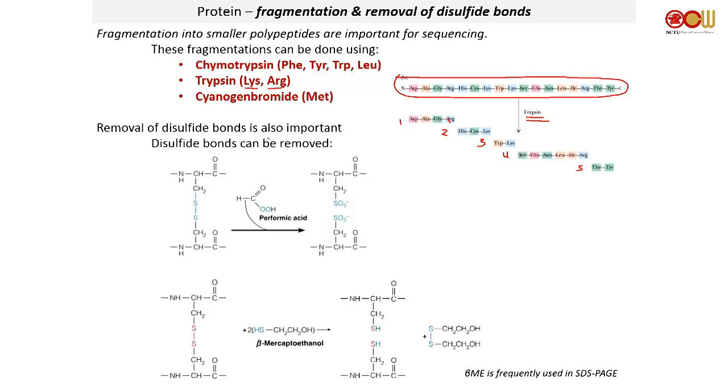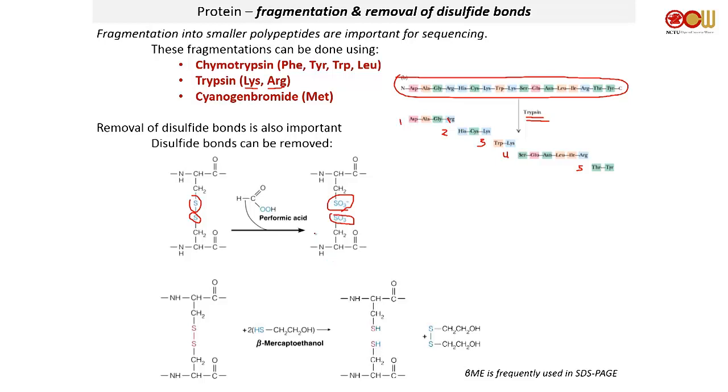To remove disulfide bonds, you can use performic acid, which will essentially oxidize further.